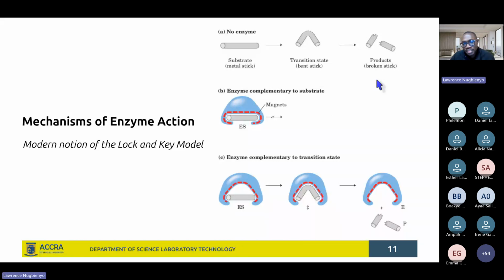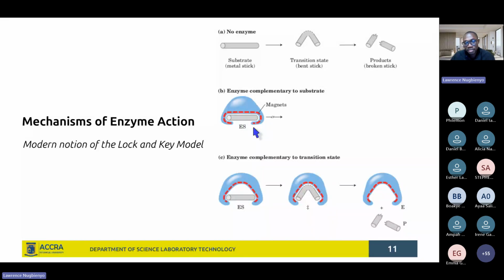So if you take that into consideration, it means that if you have an enzyme that is perfectly fit to a substrate, and you have an enzyme substrate complex, then obviously that enzyme substrate complex will be so stable that there will not be any need for a product to be formed out of it.